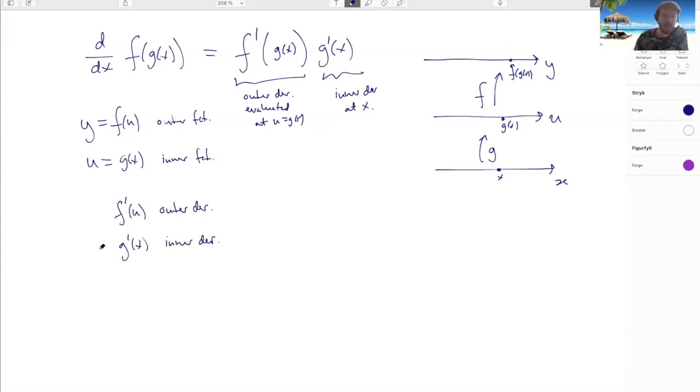And here it's useful to say that, well, this is the derivative of u with respect to x, and this is the derivative of y with respect to u. Or if you want, you could just simply say this is the derivative of f with respect to u, and this is the derivative of g with respect to x. So there are several ways to use this notation.